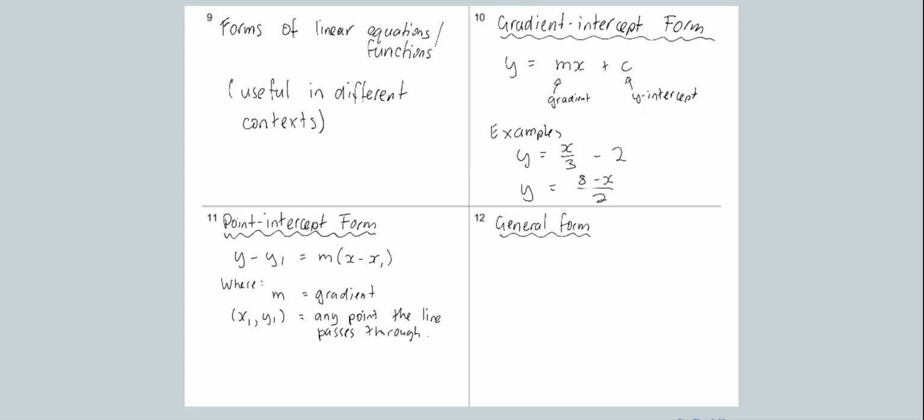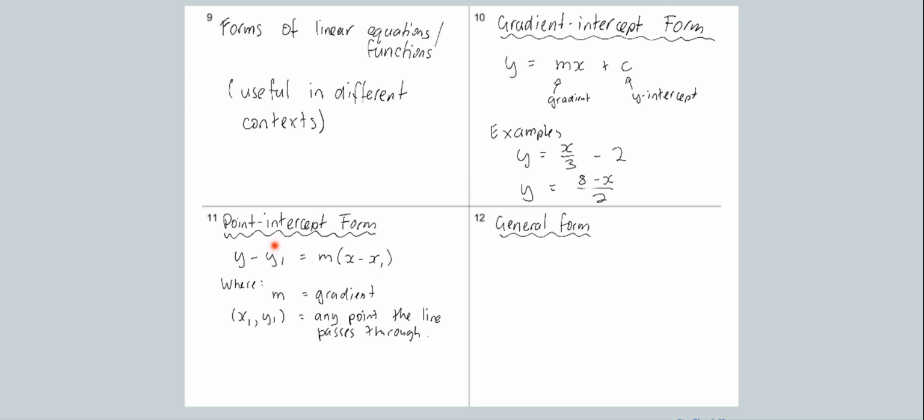Okay. So this is useful because if you've got the gradient and you've got any point the line passes through, you can always write down that particular point. If you think about it, I'll just say this really quickly, and if you don't get it, it's okay. I said any point the line passes through, that includes the y-intercept, right?